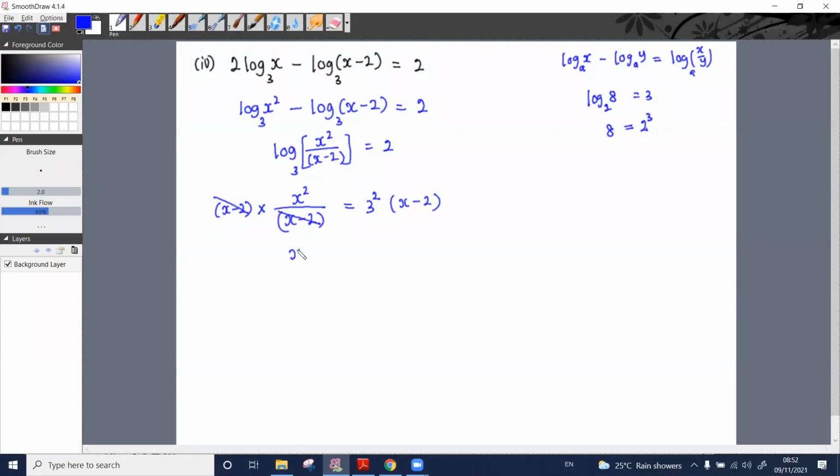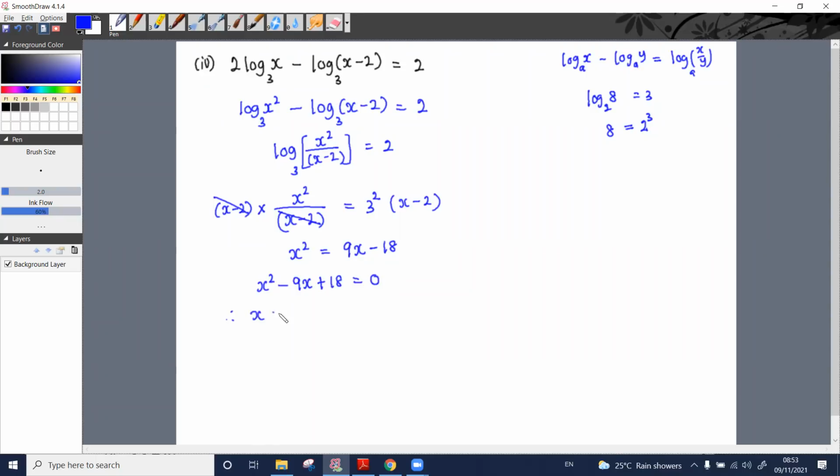Here we are left with x squared equals 3 squared, which is 9, into x minus 2. 9 into x is 9x, 9 into minus 2 is minus 18. So x squared minus 9x plus 18 equals 0.